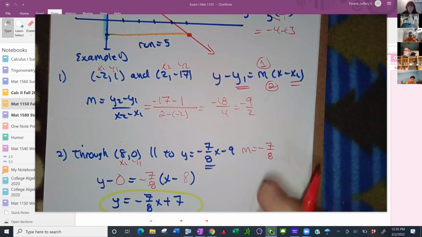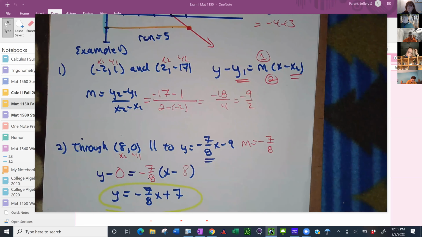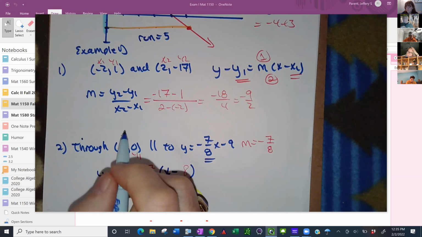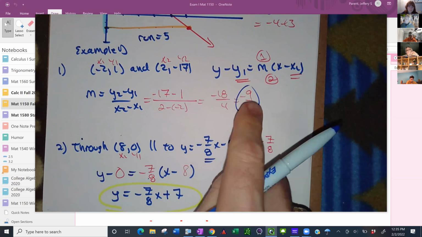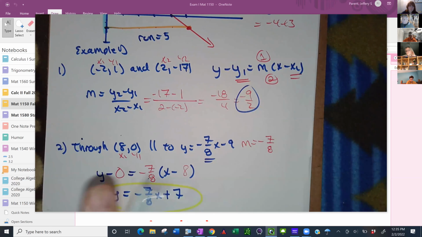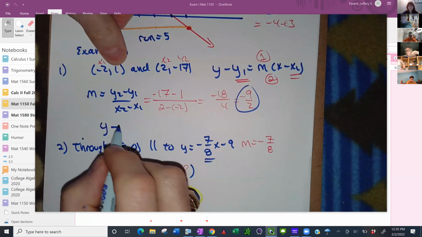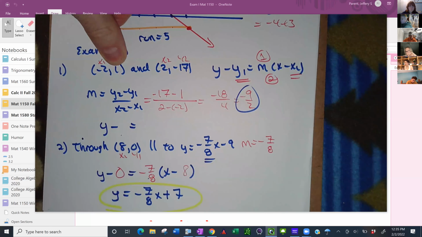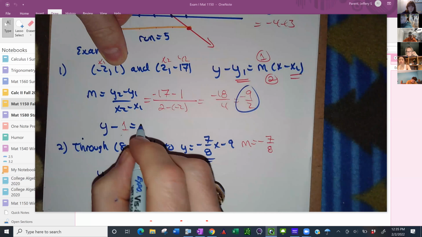And that simplifies to negative 9/2. Once you've got a slope, pick either of these points and use that slope with one of those points in this equation. So it's going to be y minus 1 equals negative 9/2 times x minus negative 2.